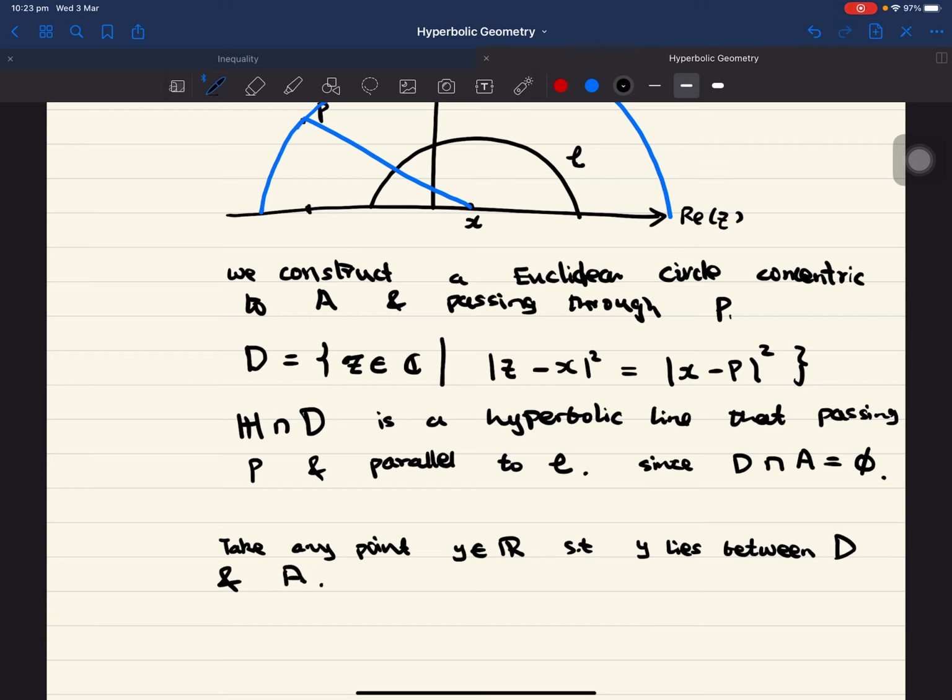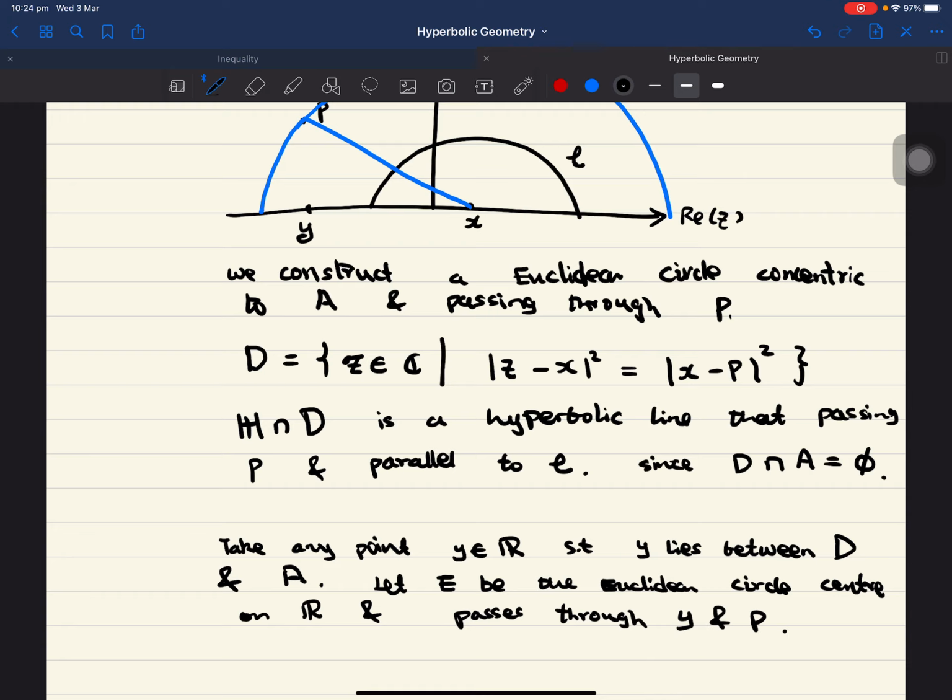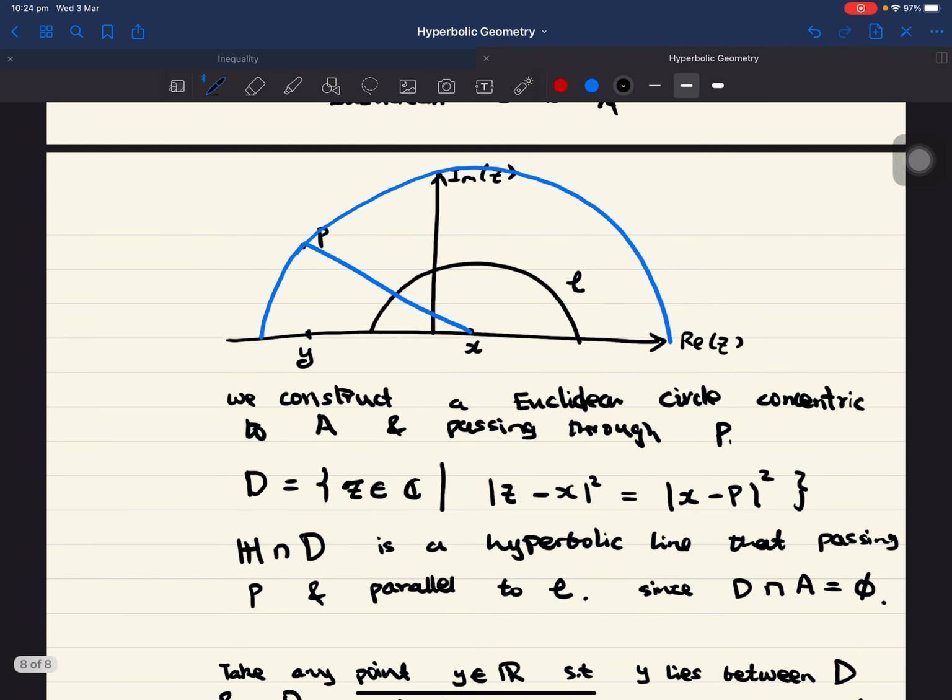So let's pick a point Y, and let E be the Euclidean circle centered on R that passes through Y and P. To do so, we use similar tricks.